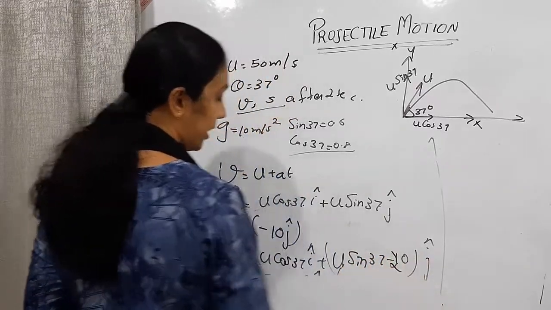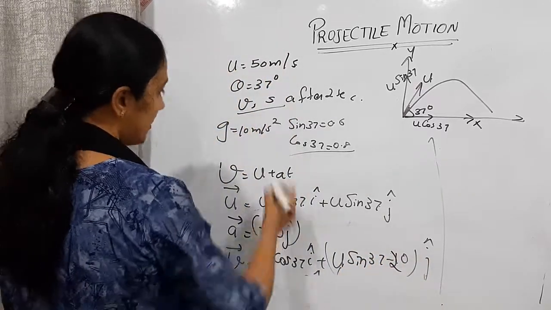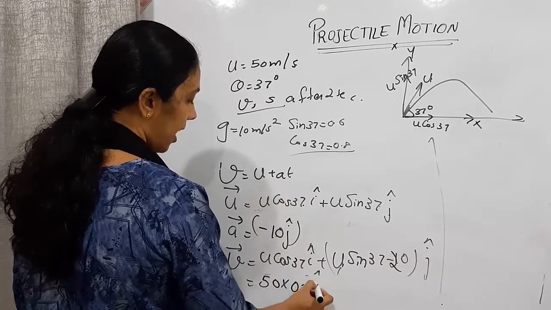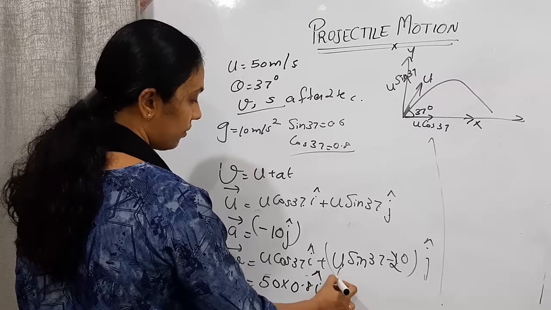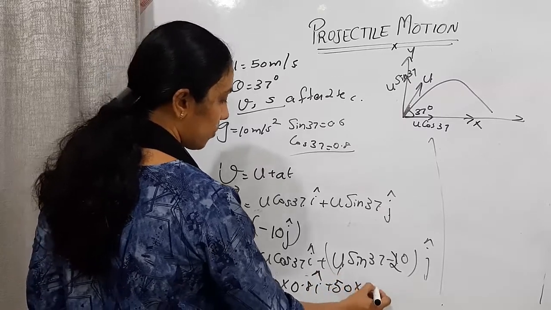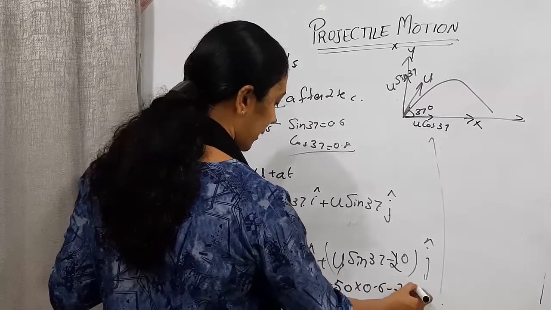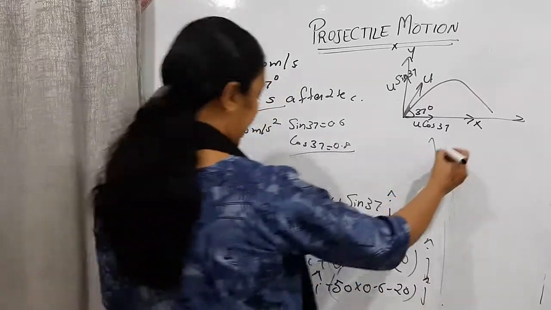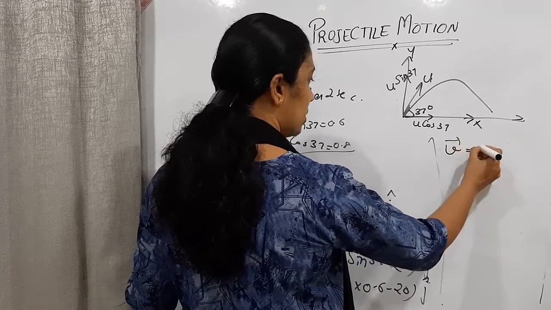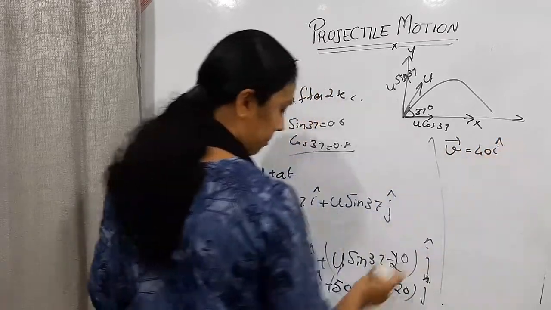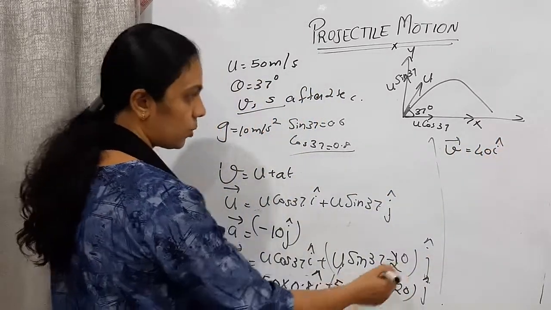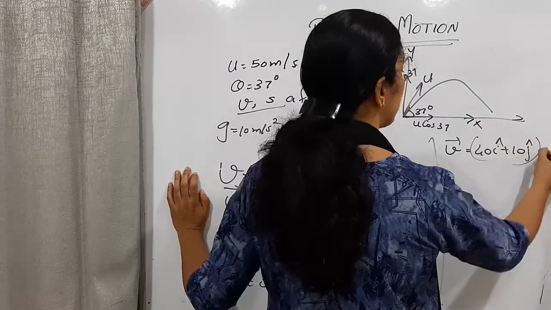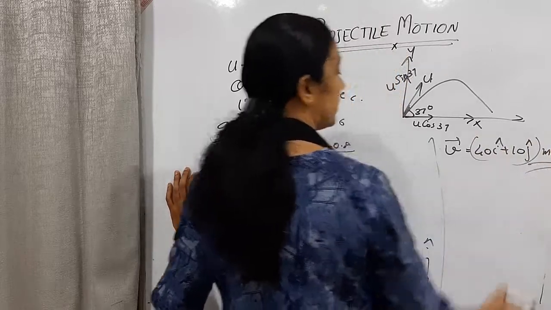So what is u? 50 cos 37, which is 0.8, I cap plus 50 sin 37, which is 0.6, minus 20 j cap. Therefore, here it is 40 I cap, and here it is 30 minus 20, which is 10, j cap. So V equals 40 I cap plus 10 j cap. This much will be the velocity vector.